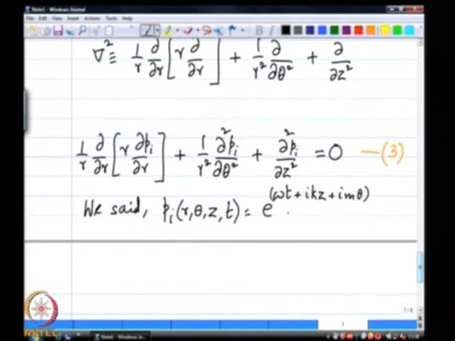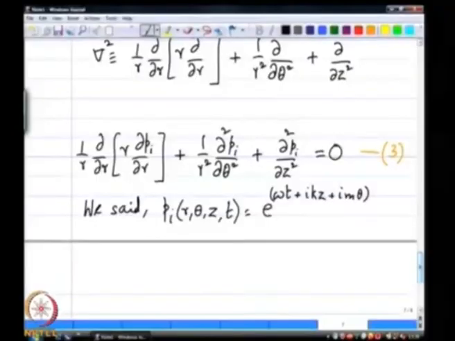In the previous case we did not have this I m theta. In this case I have two spatial variables over which the perturbation can vary, in the z direction as well as the theta direction.